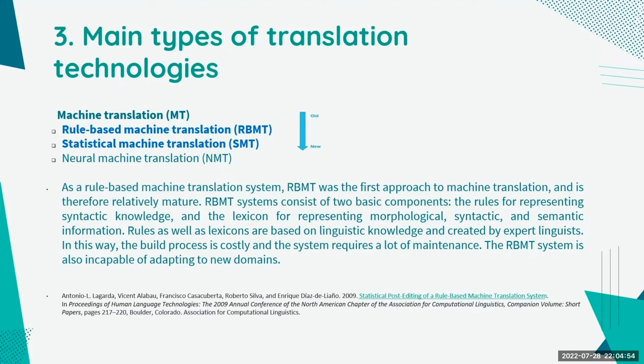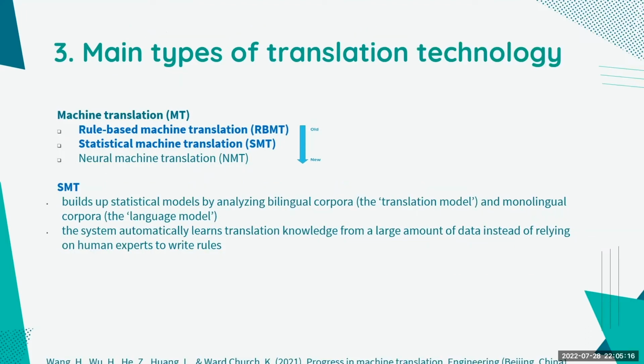Rules as well as lexicons are based on linguistic knowledge and are created by expert linguists. So the build process is costly and the system requires a lot of maintenance. The RBMT system is also incapable of adapting to new demands.